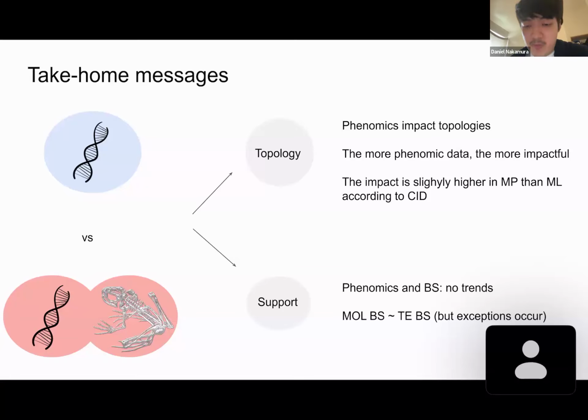And for likelihood, we didn't find significant results. And regarding whether we can predict the presence of clades in the total evidence trees based on support values from molecular trees, yes, in general we can, but some extreme cases occur with the 100% values of the molecular clades that are not present in the total evidence trees.